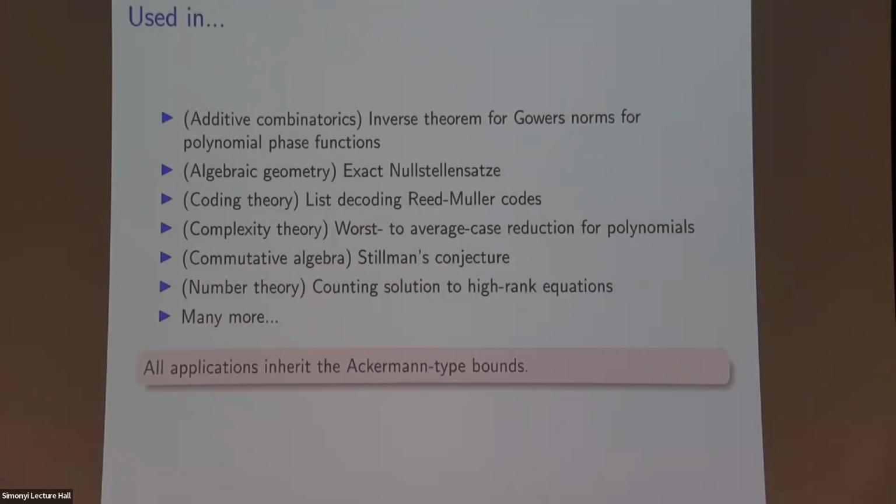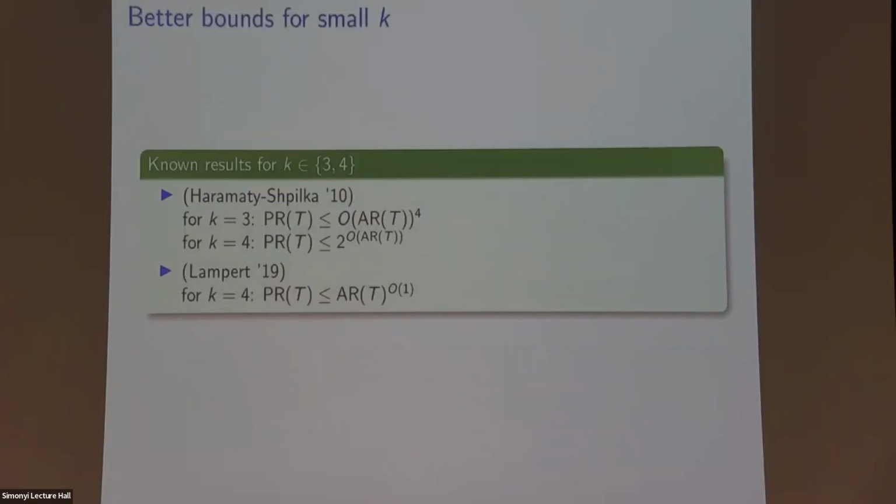The problem is that all of the applications, if you use the Green and Tao result or the refinements, inherit these Ackermann type bounds. And so all of these applications that you get are quantitatively poor. There's no nice bounds if you use the Green and Tao theorem, so that's a good motivation to try to improve the dependency, to something more reasonable.